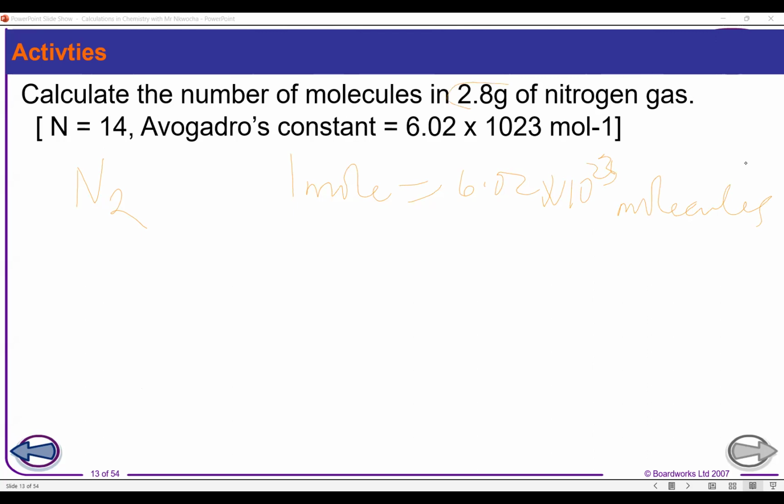Convert this 2.8 to mole. Go to the left-hand corner again and find the molar mass of this compound, that's 14 times 2. Then convert it to mole. Then you can come back here and write your answer. Do it using the previous method I told you.